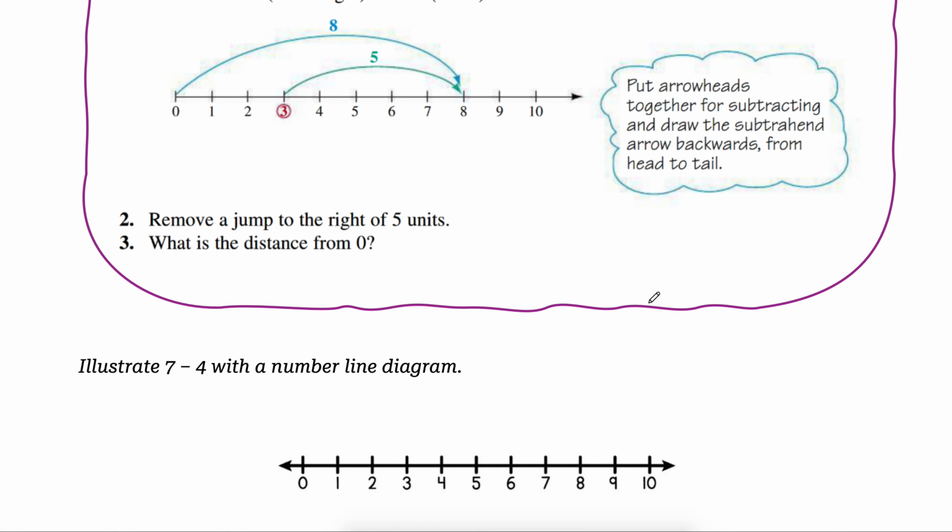So here we're going to look at 7 minus 4. So I'm going to start by representing 7 on my number line. So I'm going to start at 0, and I'm going to jump over here to 7. To do the minus 4, let me actually change to a different color here to make this even more visible. So I've got my arrows at the 7, and I want to go back 4 units. So 1, 2, 3, 4. So I'm going to end up here, right? What's my answer? 3.